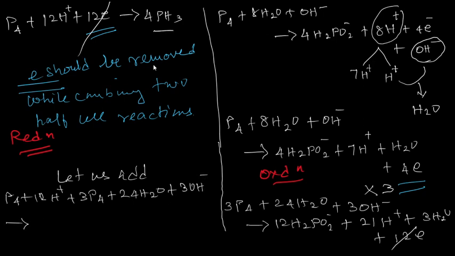LHS side over. Now I am taking the RHS side, which gives 4PH3 plus 12H2PO2 minus plus 21H plus 3H2O.